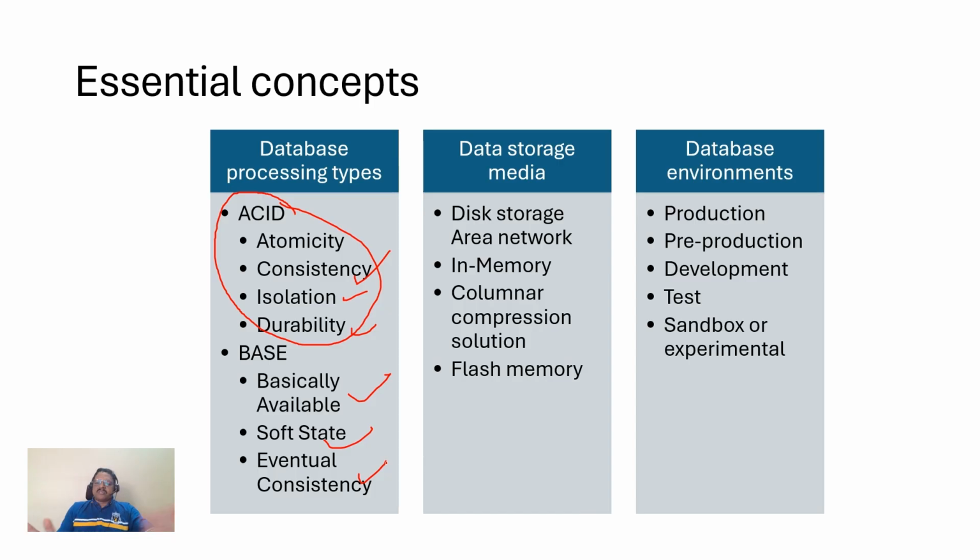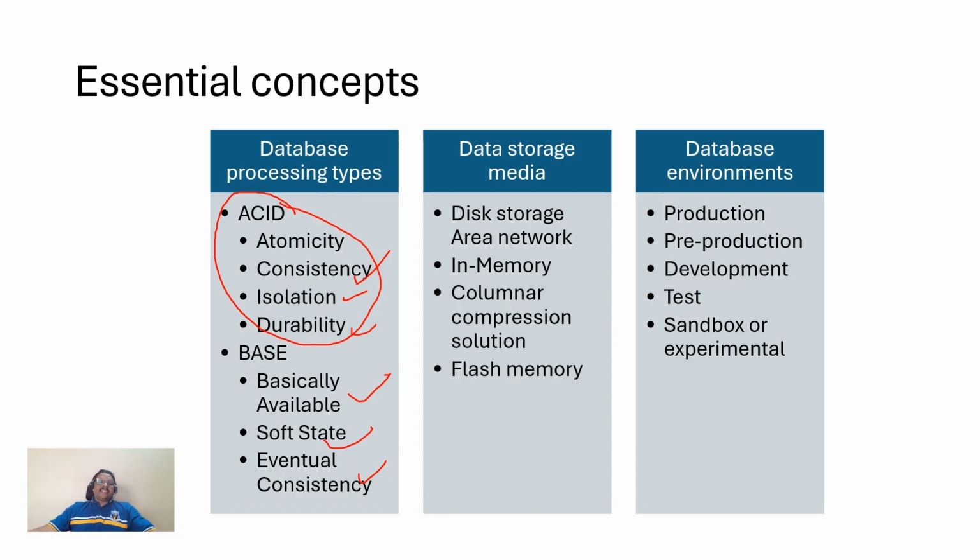So even if something goes wrong, eventually everything will become consistent. That is a processing type. Understanding these concepts is crucial for selecting the right database technology for specific use cases. So BASE works with big data, and ACID applies to transactional data.